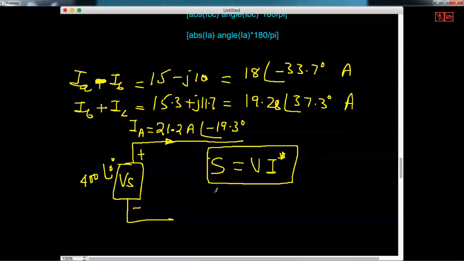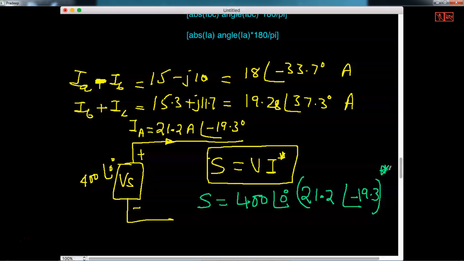But then I have to take the conjugate of this. What is the conjugate of a polar number? The magnitude will remain the same, just the angle will change. So that is 400 at an angle of 0 degrees multiplied by 21.2 at an angle of 19.3 degrees.